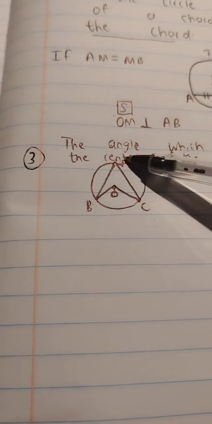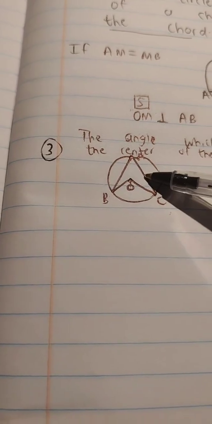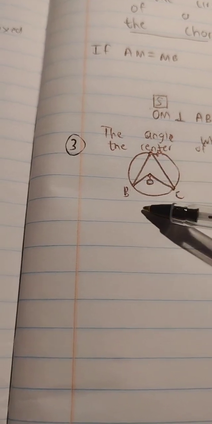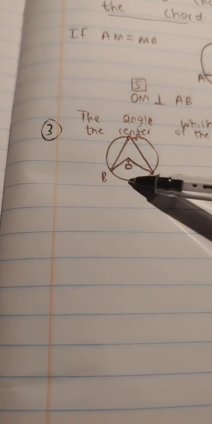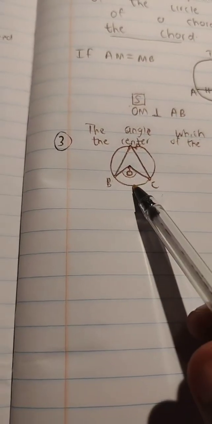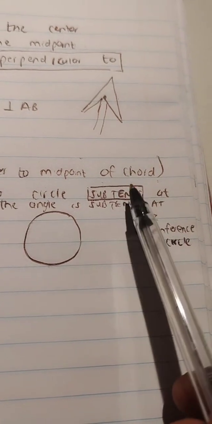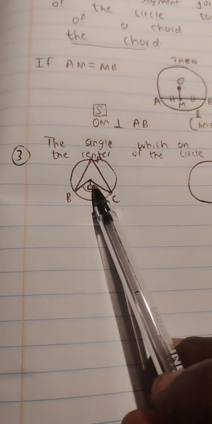So arc AC is not directly opposite the center, so we're not talking about arc AC. Arc AB is not directly opposite the center. But arc BC is directly opposite to the center. So the word subtends has to do with the arc being directly opposite the center.